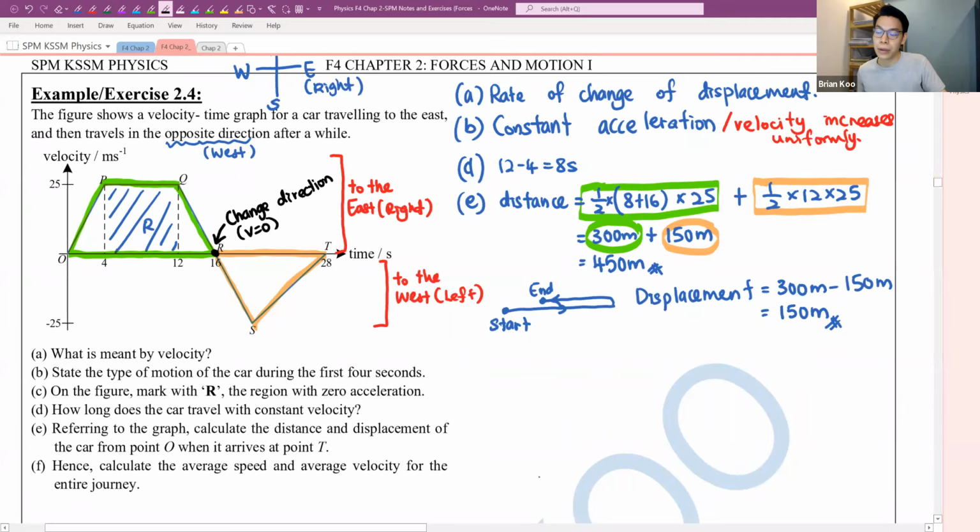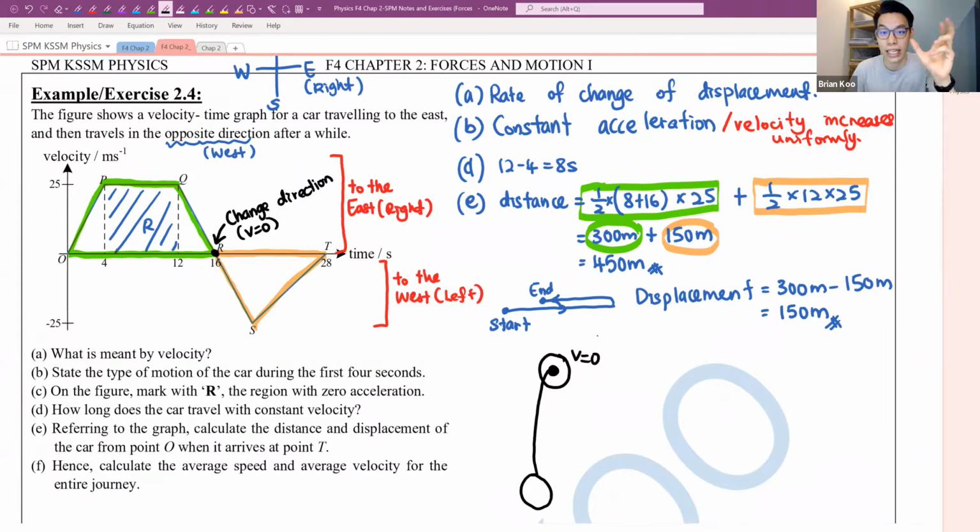Remember when we did the question where you throw a stone up and it reached the highest point before it comes down? At this very highest point, the velocity is equal to 0 because it slows down, and then it must stop for a short moment and then come down. It's just a split second kind of thing. So at that highest point, before it changes direction, the velocity is equal to 0.